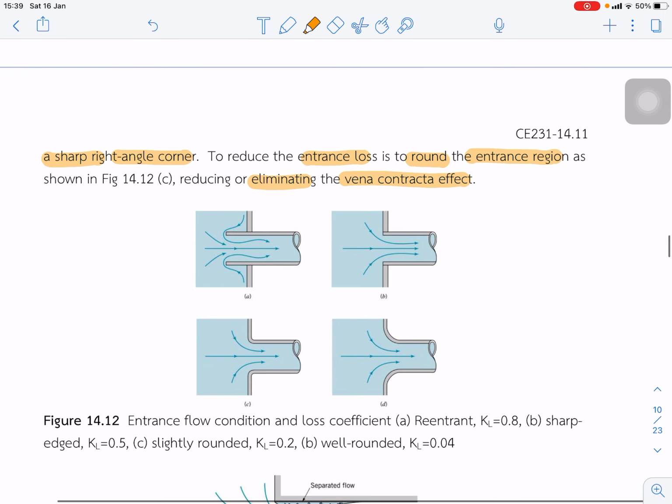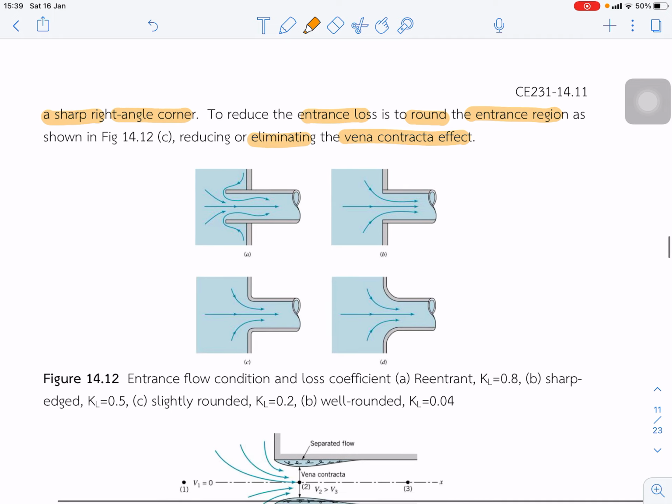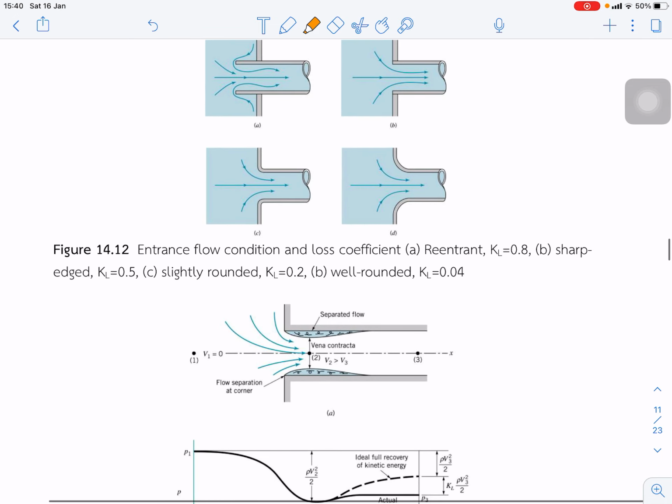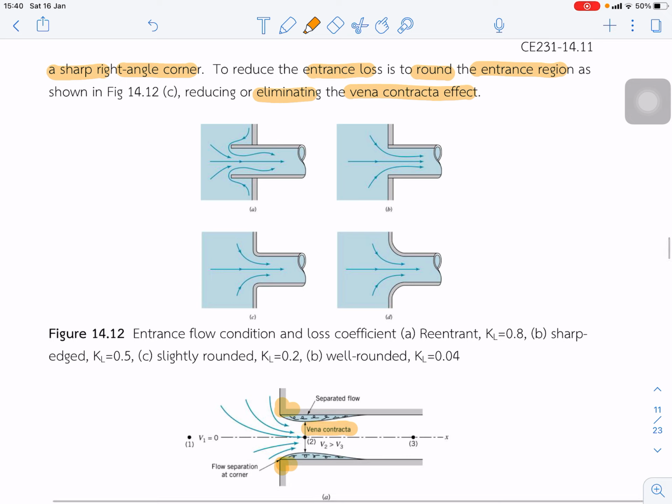You can see the vena contracta effect of the flow because it's a sharp entrance. We smooth the entrance like this, and the vena contracta is gone.